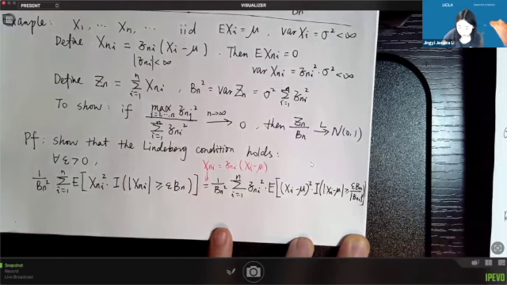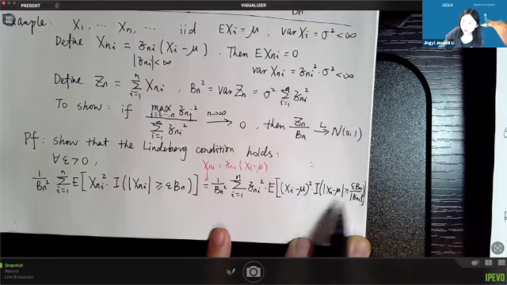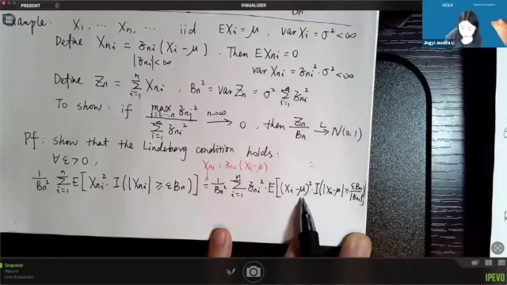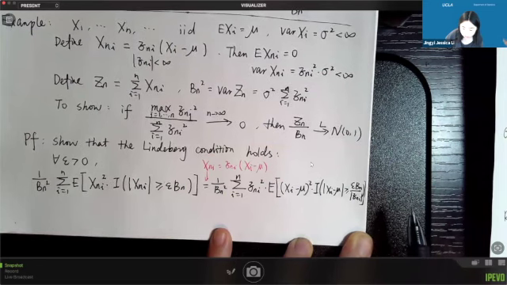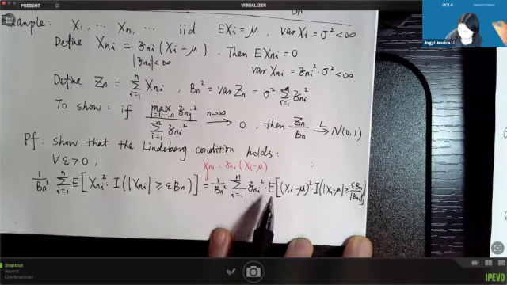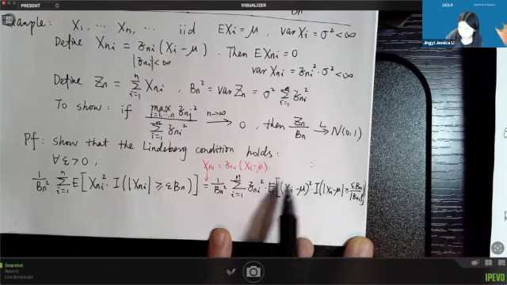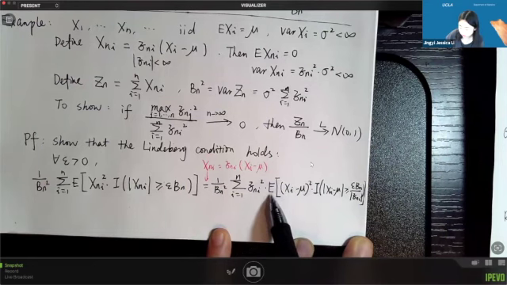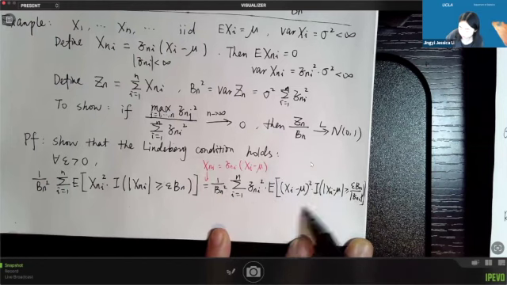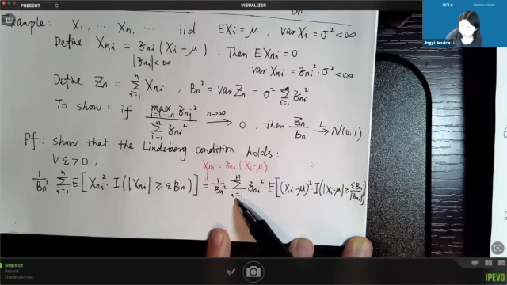Now, here's the trick. In order to simplify the right-hand side, we want to make the term here not related to i. In other words, we want to make the expectation a constant that doesn't change with i. That's the key thing. Once we do that, we can get the expectation out of the sum, because the sum is over i, and i goes from 1 to n.